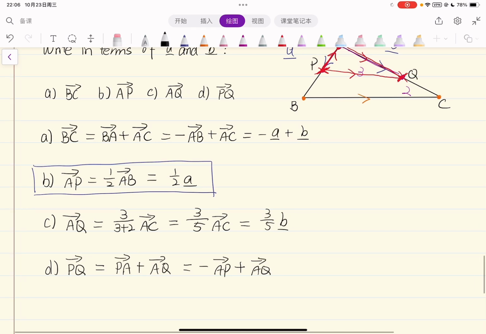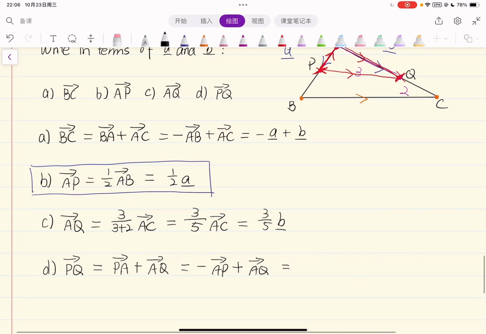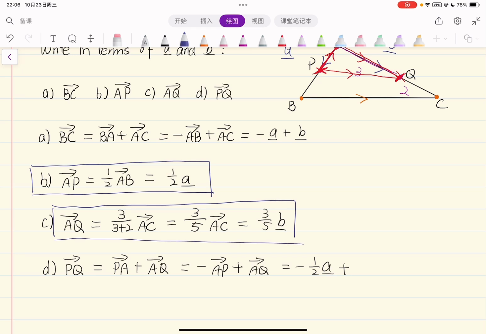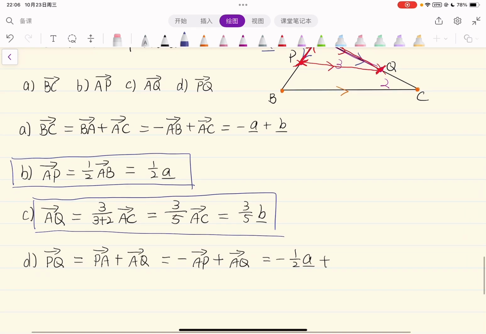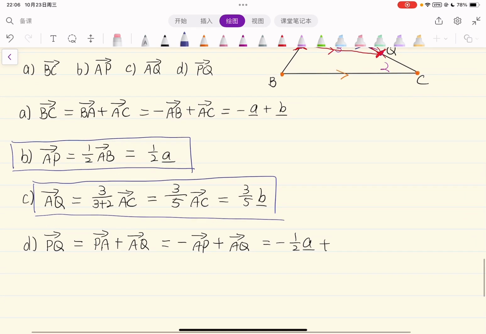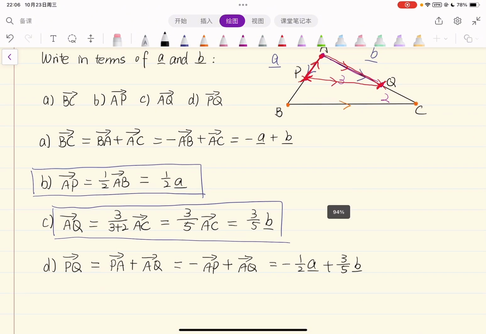That equals negative half vector A plus, we know the vector AQ from the previous equation, that is 3/5 vector B. Thus, we got the answer for part D.